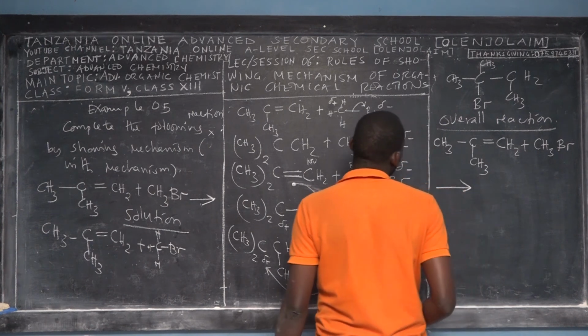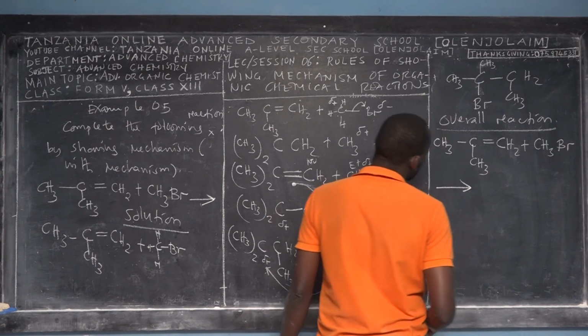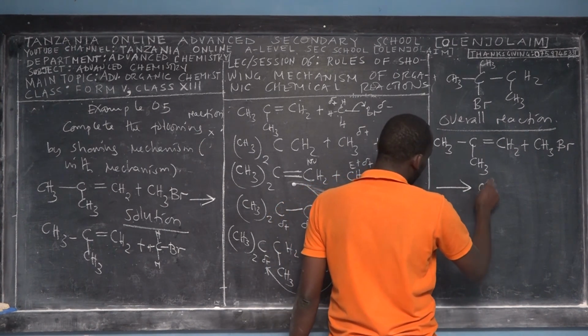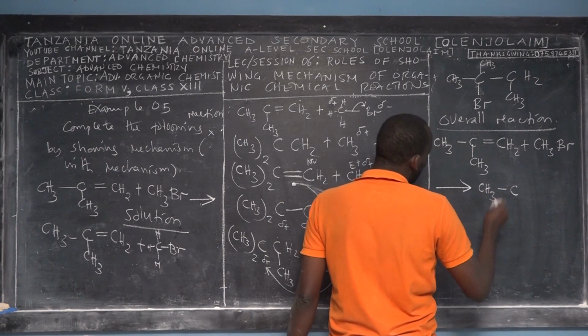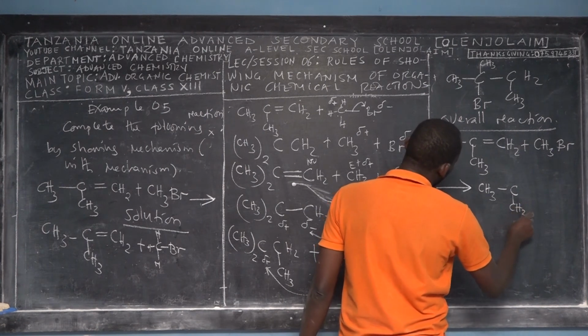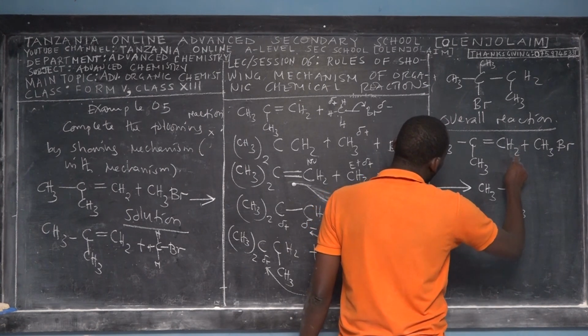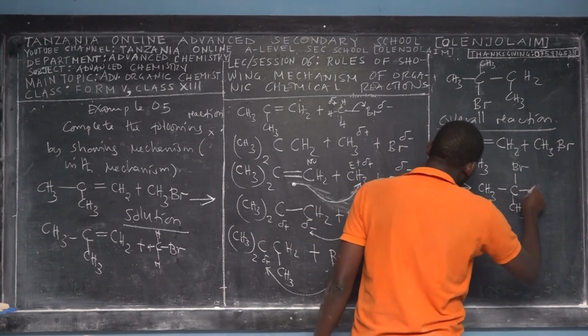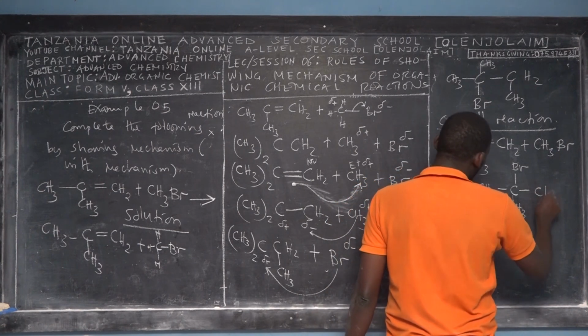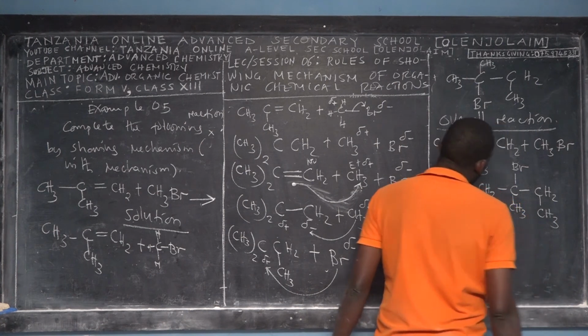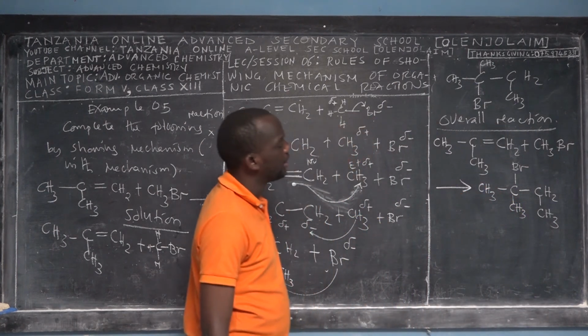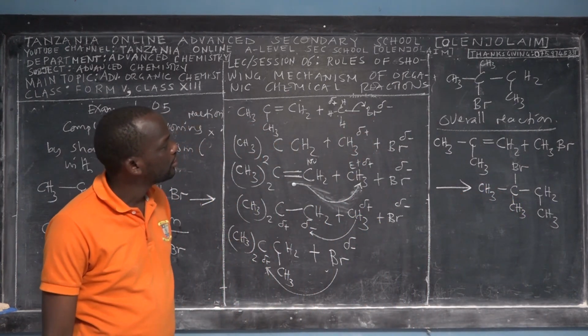This will make CH3, then you have carbon. Let's say that you have CH3 there. Then at the top we have bromine. Then here we have CH2. But here we have CH3. So that is our end product.